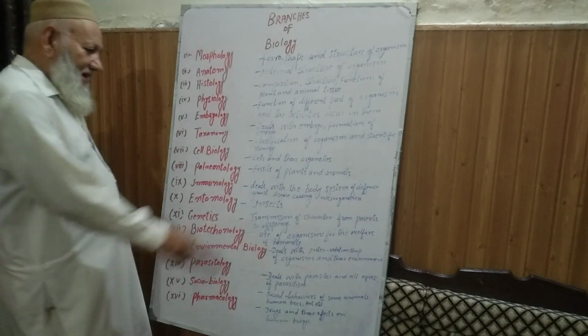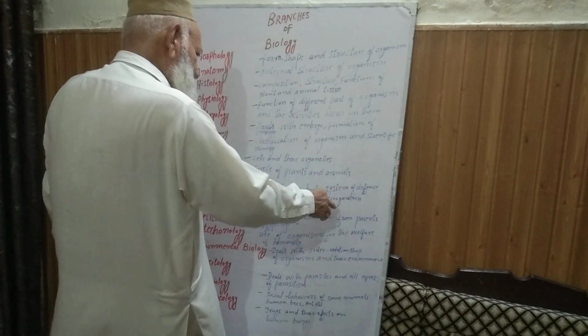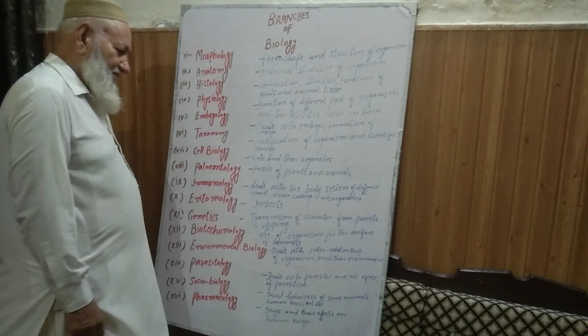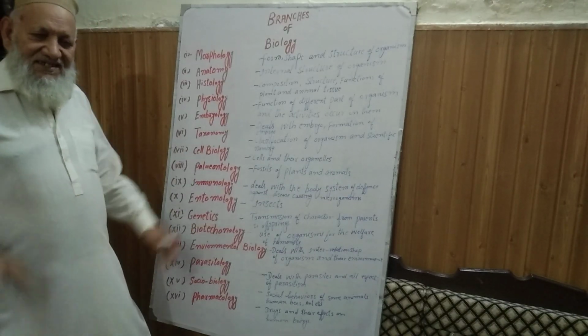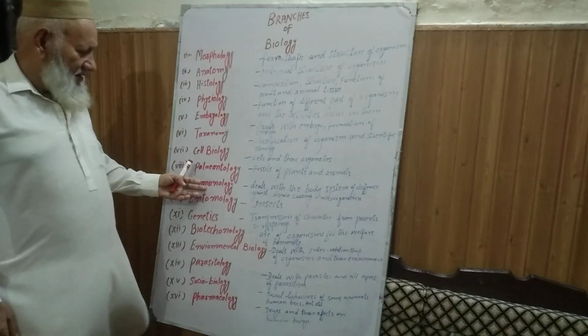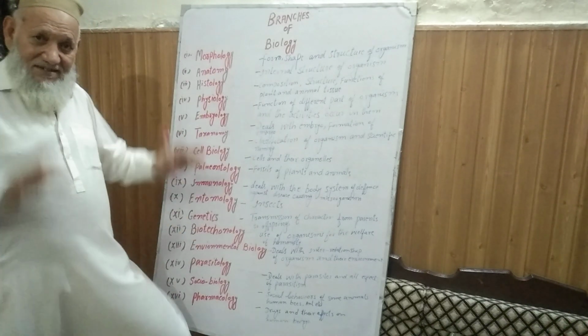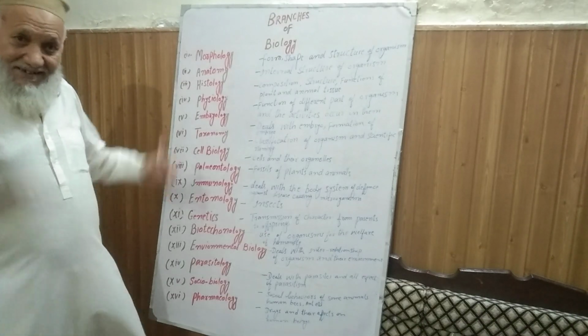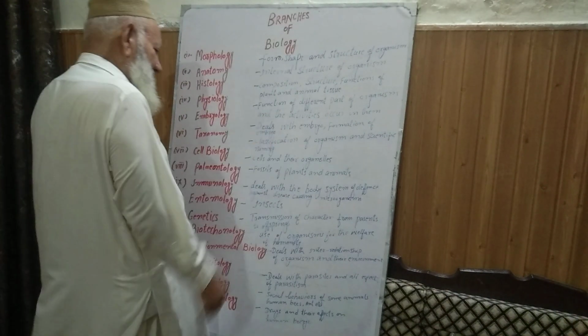Immunology deals with the body's system of defense against disease-causing microorganisms. Here you will see immunology. There are some germs that attack the body. So immunology takes the defense. The immune system destroys them and attacks the germs. This process is called immunology.